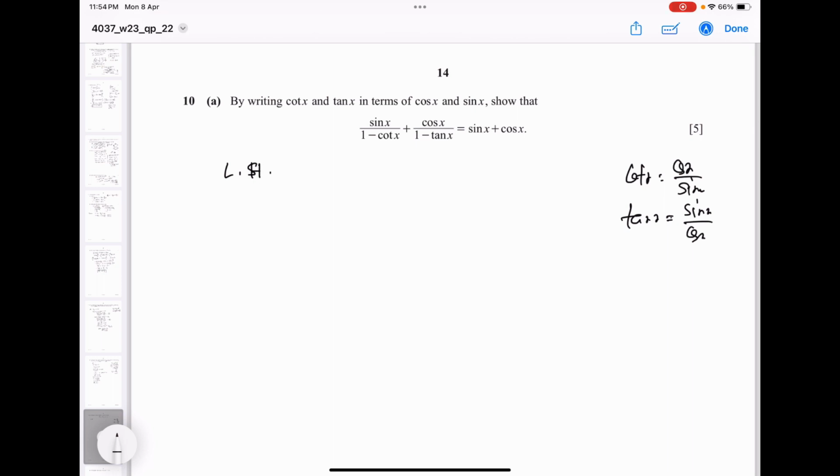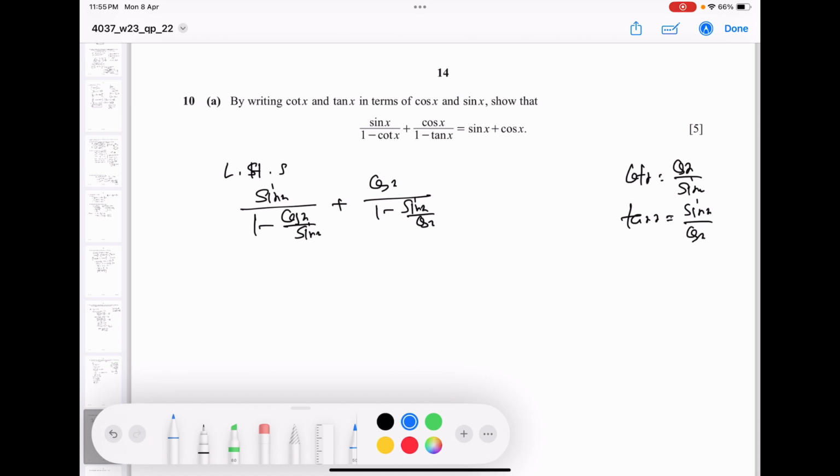Let me change the trigonometric expression of the left hand side, that is sin x divided by 1 minus cos x by sin x, plus cos x divided by 1 minus sin x by cos x. Now multiply the numerator and denominator of the first fraction by sin x, and for the second fraction multiply numerator and denominator by cos x.